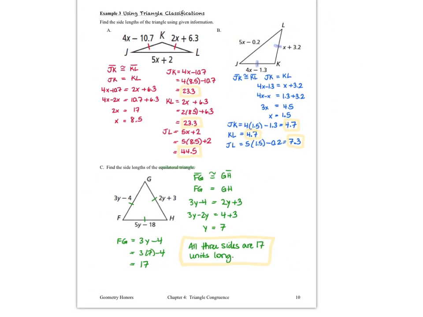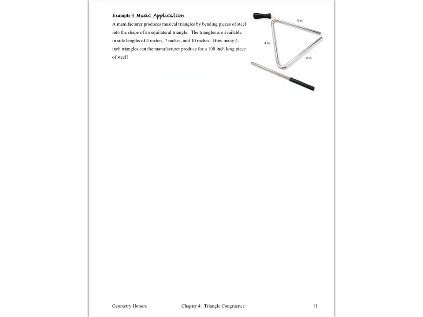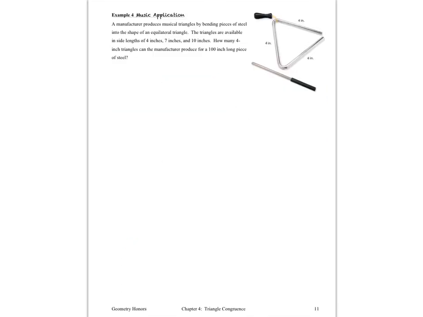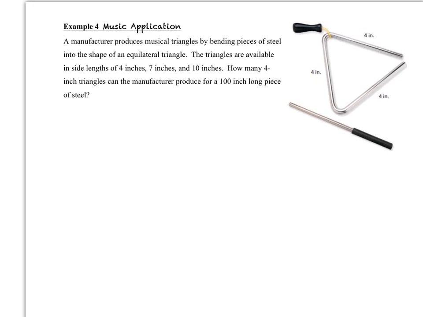So we are able to classify triangles by their side lengths and by their angles, and we're able to solve problems with that knowledge. Let's take a look at our last example before we hit homework. Example number 4 says music application, and we'll read it together.